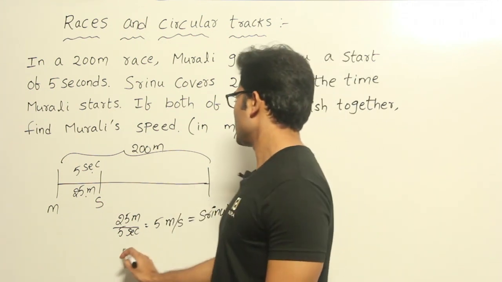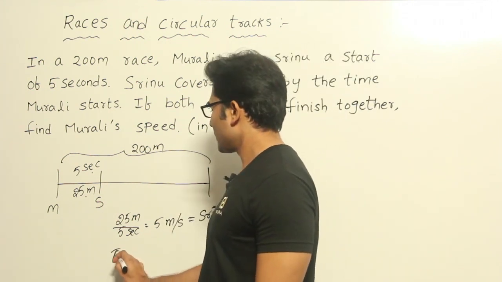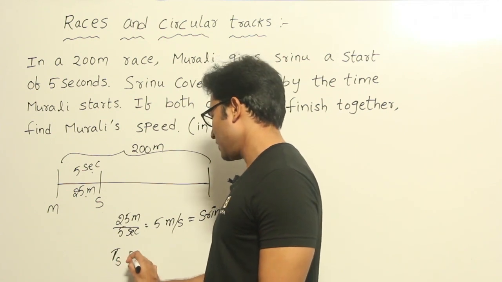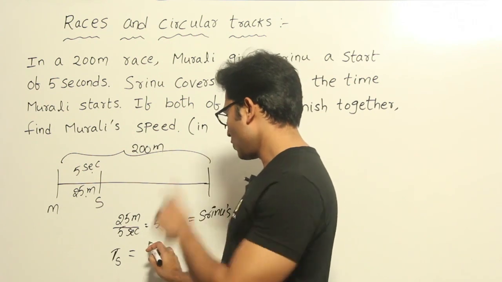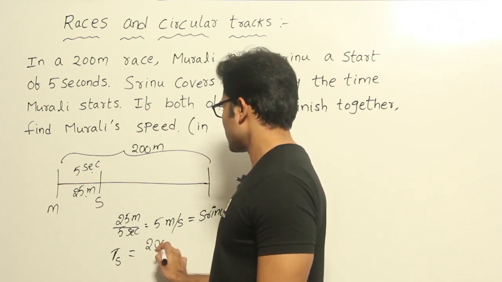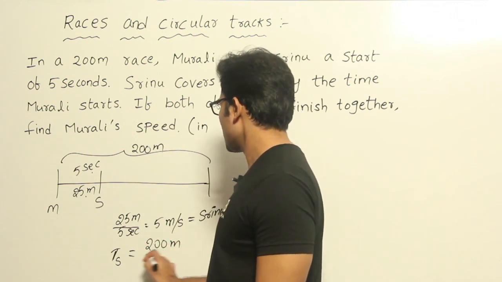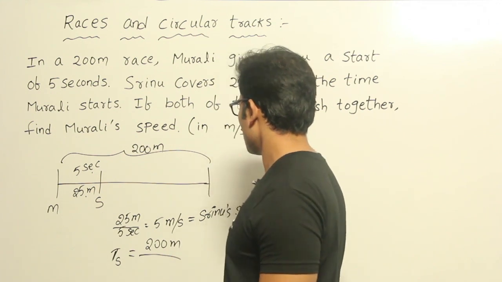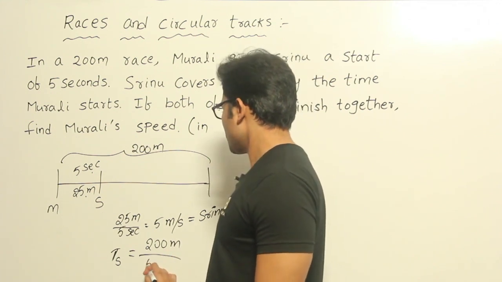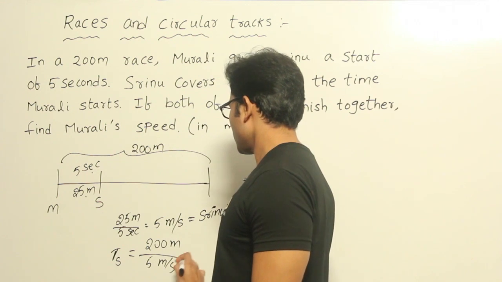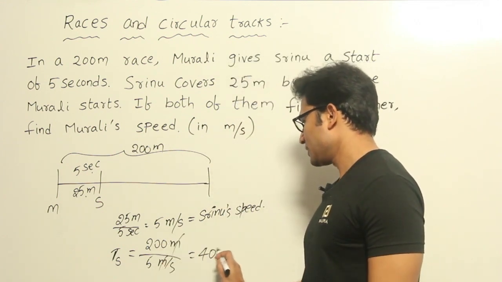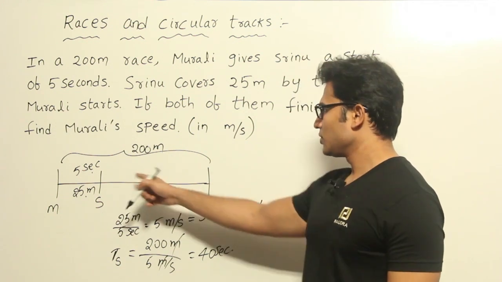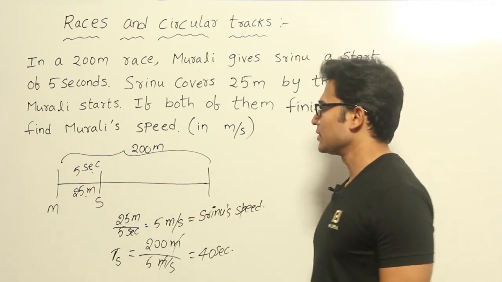Time taken by Srinu, let me write it as TS, is going to be the total distance of the race, which is 200 meters in this case, divided by the speed of Srinu. The speed of Srinu is 5 meters per second. Therefore you are going to get it in seconds, so it is going to be 40 seconds. So Srinu is going to take 40 seconds to finish the race.